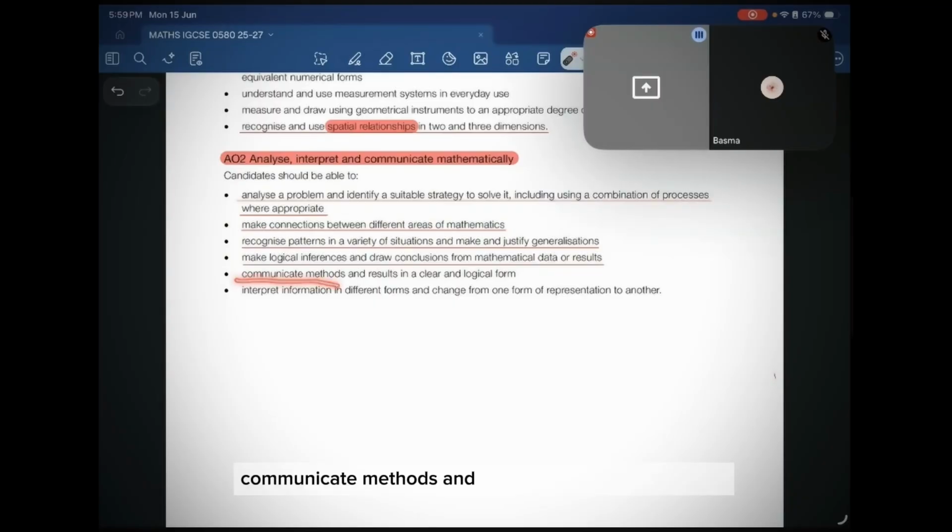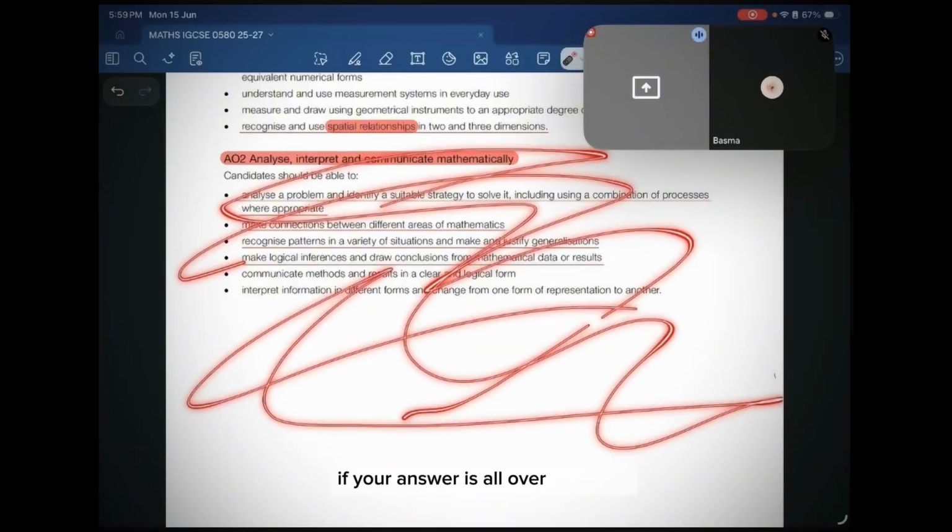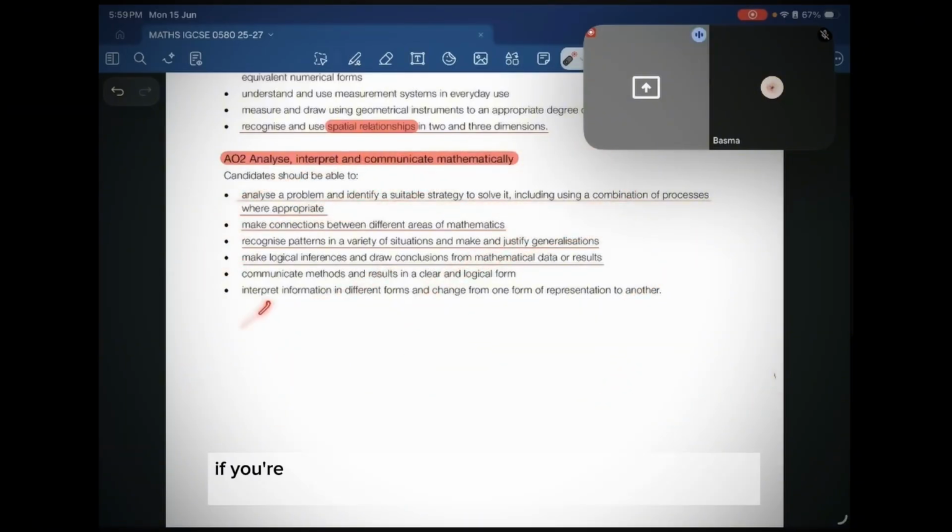Communicate methods and results in a clear, logical form. You need to make sure that the answer you've written actually looks like the answer, actually resembles the answer. If your answer is all over the place, if you're doing your working and you maybe float your answer over here, the examiner might even check it.